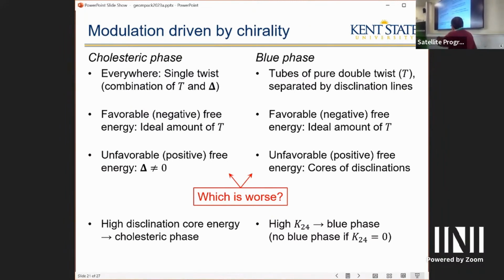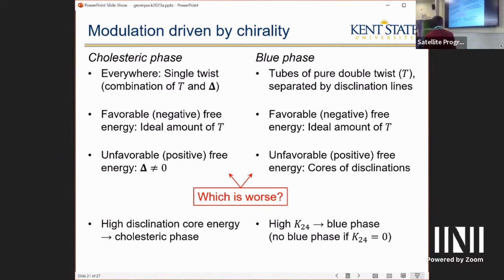So which is worse? Well, it depends on the energetic parameters, right? K24 is the elastic constant for the delta mode over here, and then there's some disclination core energy over there, right? So depending on which of those is higher, that's what the liquid crystal doesn't do. It does the other thing that has the lower free energy cost.